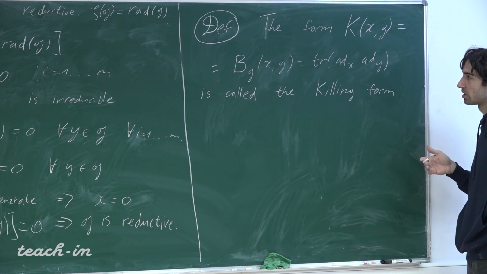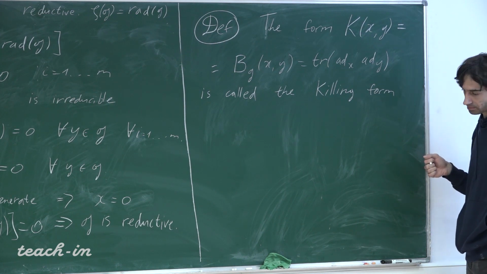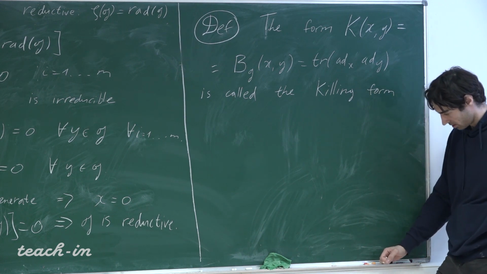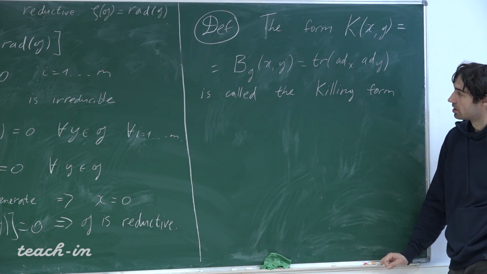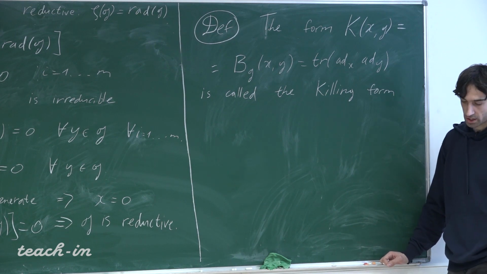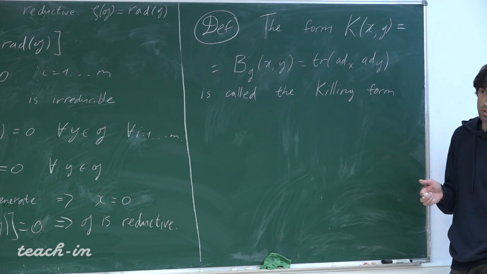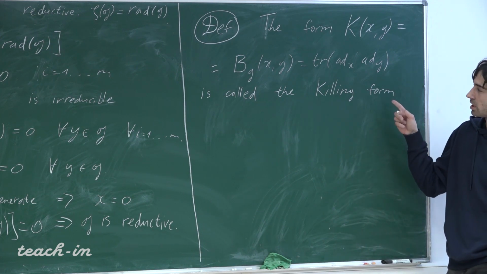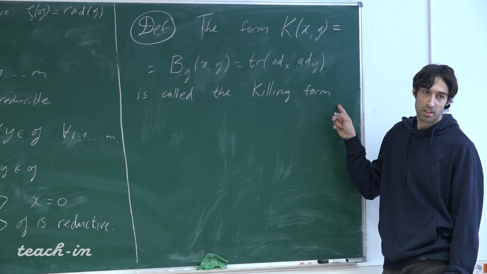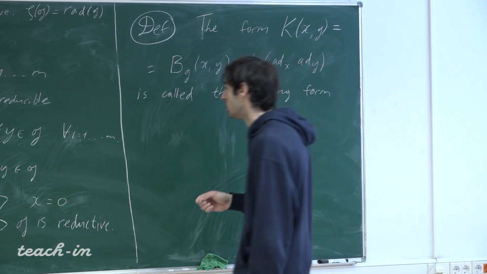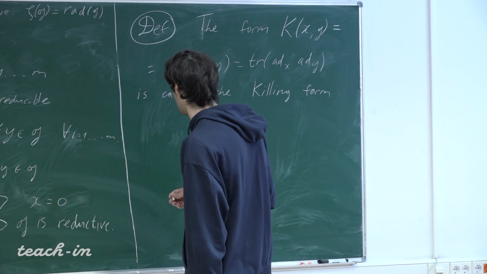In particular, you can construct elements of the center of the universal enveloping algebra using the Killing form. That's why this could arise last semester. So for now, we will need the following two statements.